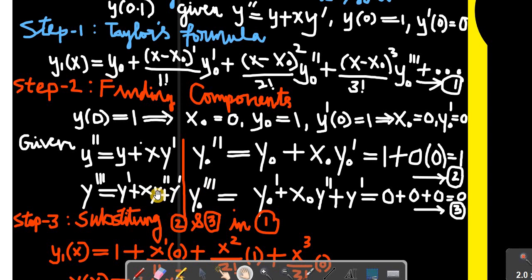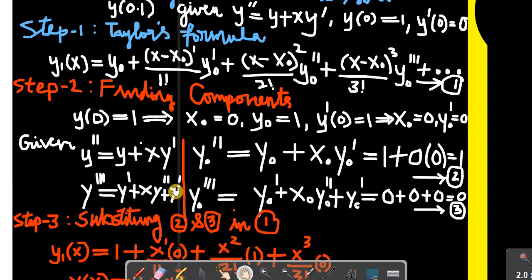Here the double derivative of y at x equals 0, at the initial point, y double dash at x equals 0. That's what you should have here. Oh, I am sorry, here it is left out, so we must have a 0 here. That means the value of double dash at x equals 0.